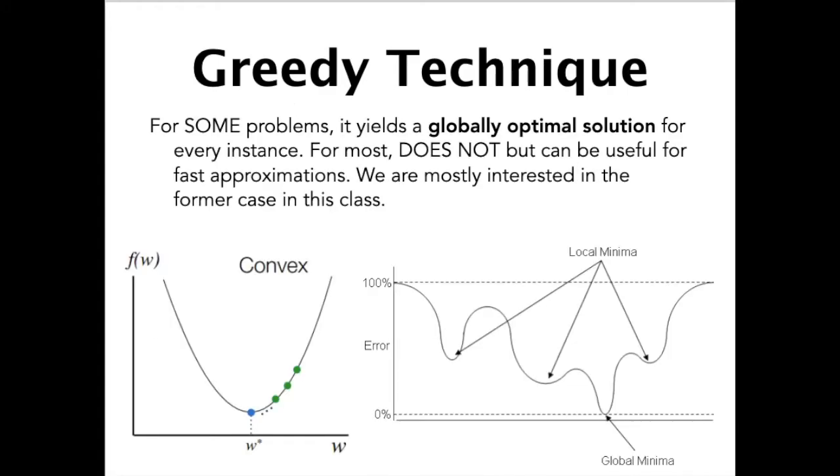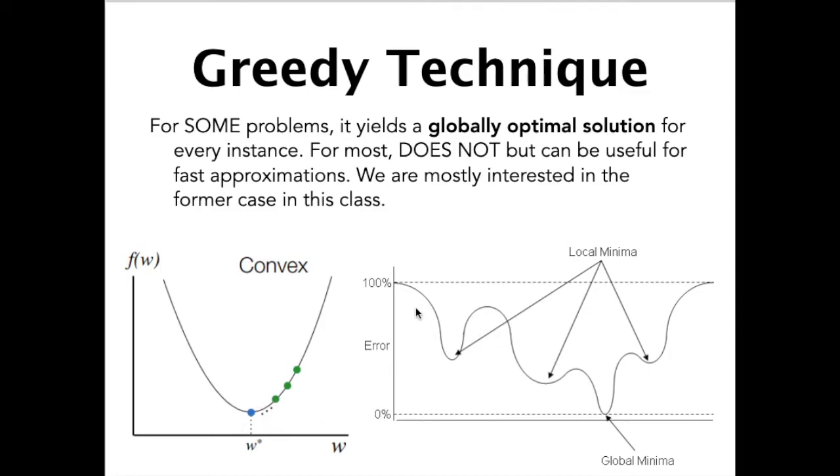Some problems are easier, and those types of problems are called convex problems. Imagine you have a graph that looks like this, where each x coordinate here is a feasible solution. If you try to provide a greedy algorithm for this, your local optimal solution is the global optimal solution.